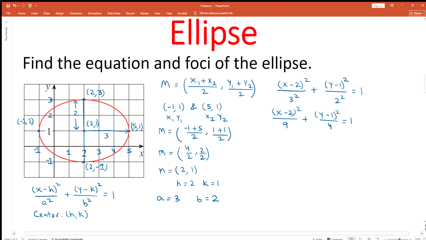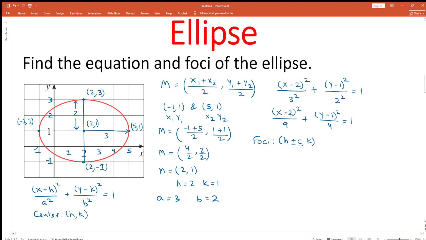Next, we can find the foci of this ellipse. This ellipse is wider than taller. The setup for foci of an ellipse that's wider than taller is (h plus minus c, k).